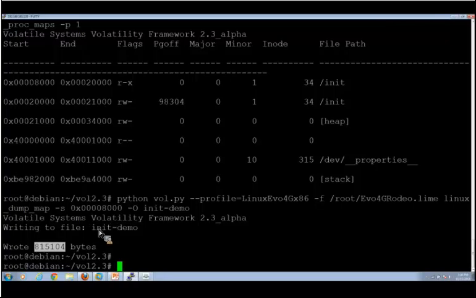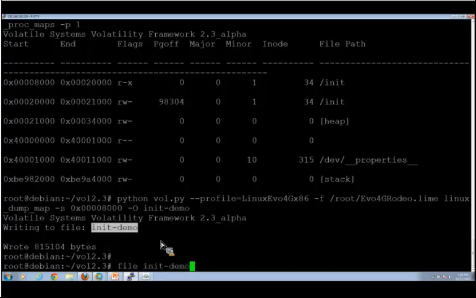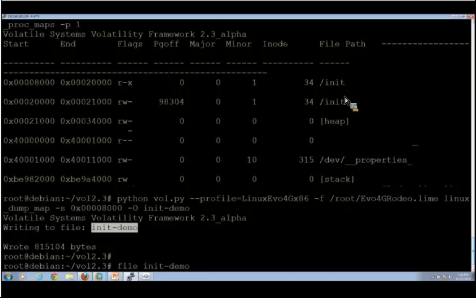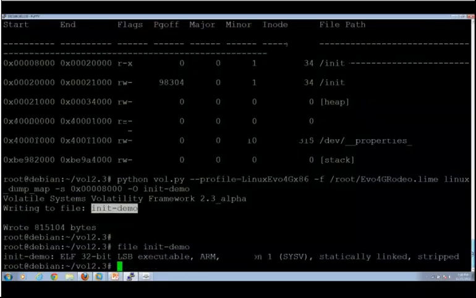And it's telling us it wrote to our file named init-demo. If we run the file command on this, we see that this is an ELF 32-bit executable for ARM. So what we've done at that point is we had this init binary in memory, we looked at its process, we dumped it out to disk, and now we can analyze this as if we pulled that file off of disk.